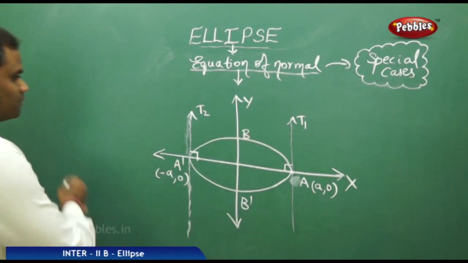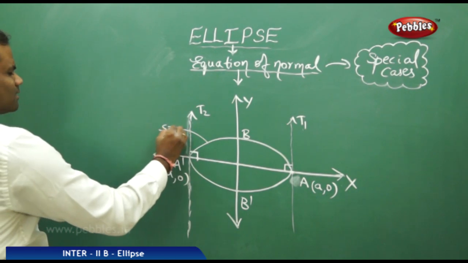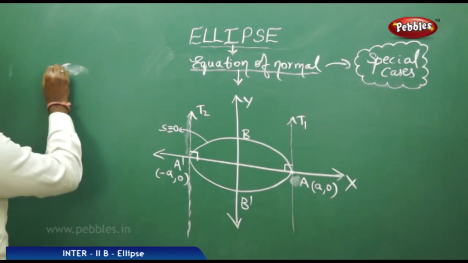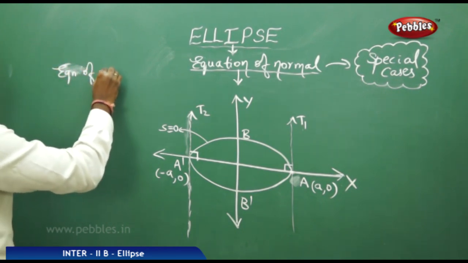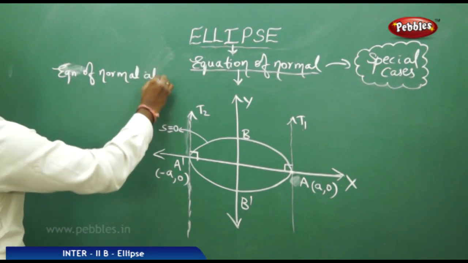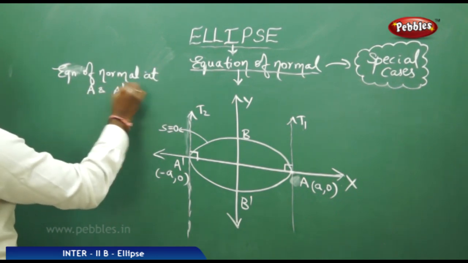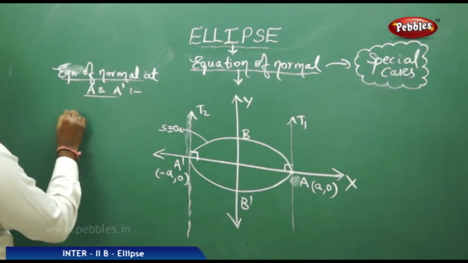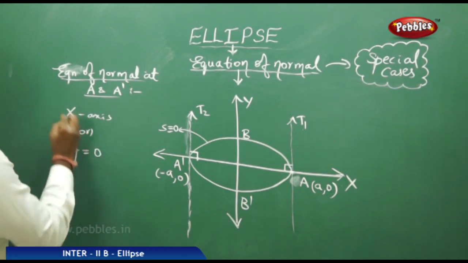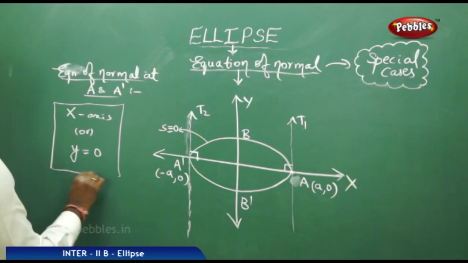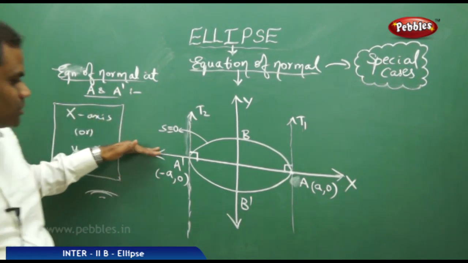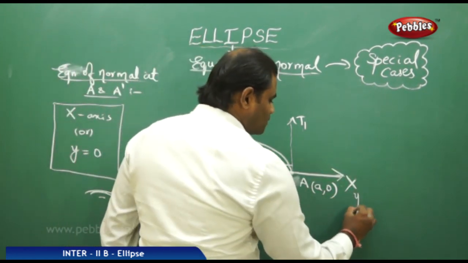This gives us the same conclusion as in the case of B and B dash, which says that for this ellipse S = 0, the equation of normal at A and A dash is given by the x-axis, or y = 0.